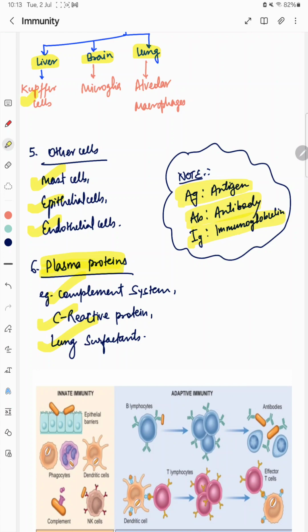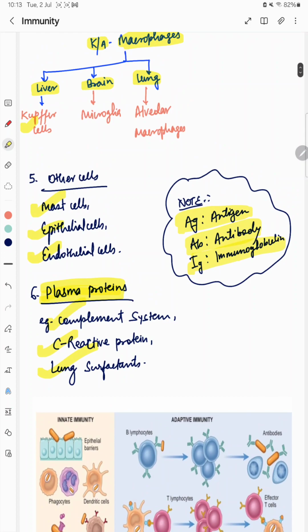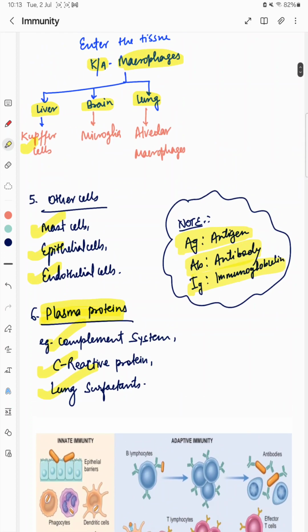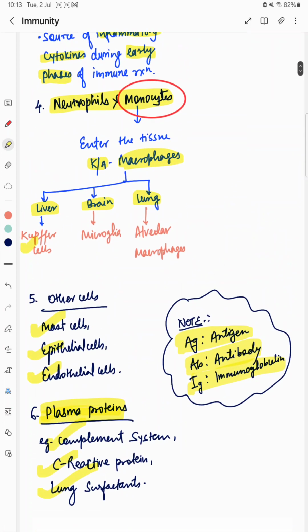Plasma proteins, for example the complement system, C-reactive protein and lung surfactant, play an important role in the immune reaction, particularly in innate immunity. These are the abbreviations we are going to use again and again: AG for antigen, AB for antibody, IG for immunoglobulins.